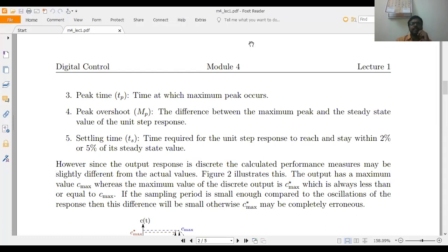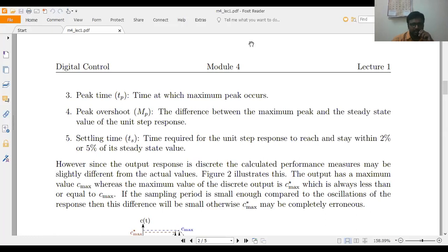Peak overshoot is the difference between two quantities of the unit step response. The first is the maximum peak value of the unit step response, and the second is the steady state value of the unit step response.